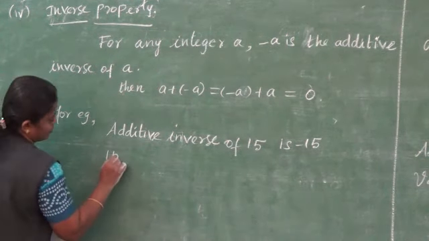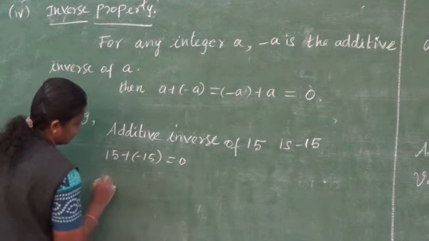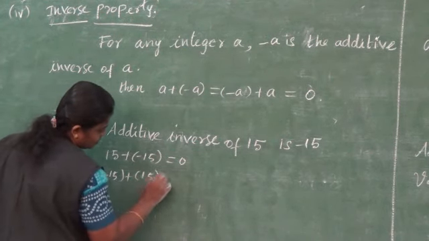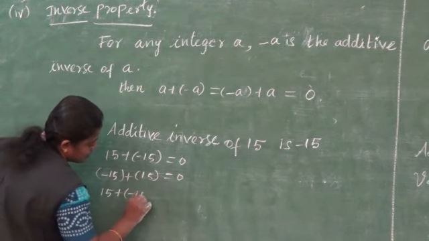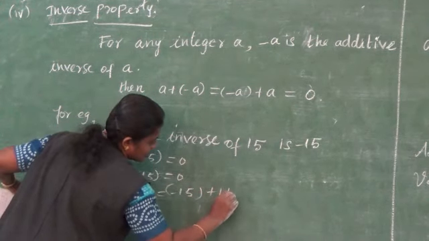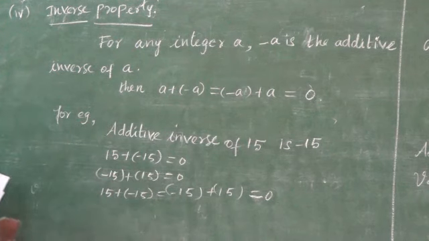So 15 plus minus 15 is equal to 0, and minus 15 plus 15 is equal to 0. So 15 plus minus 15 is equal to minus 15 plus 15, which is equal to 0.